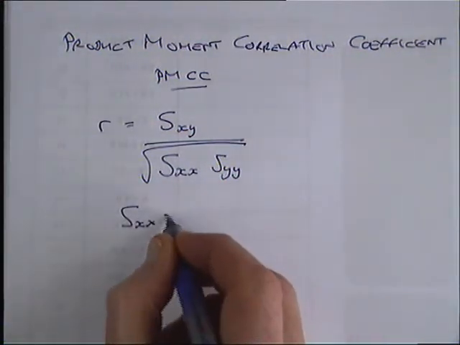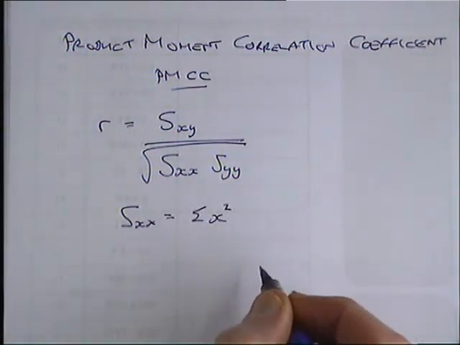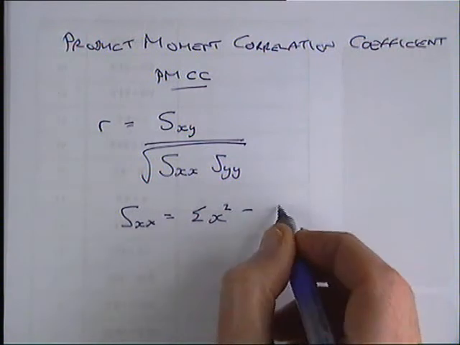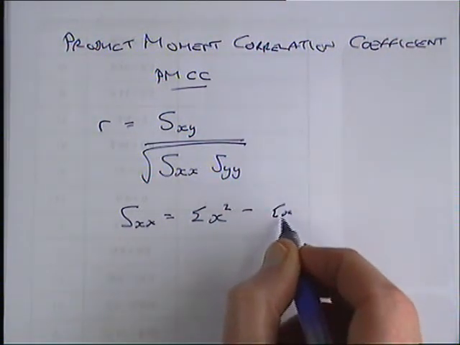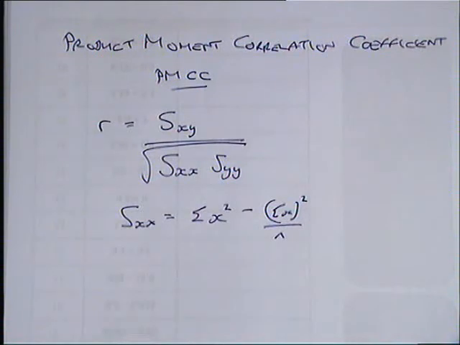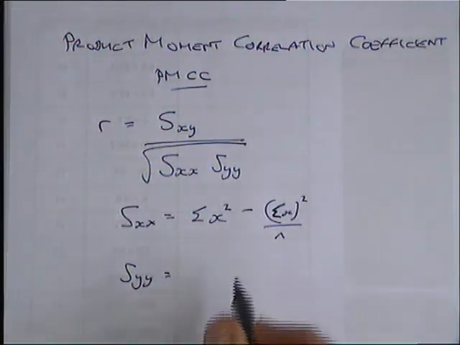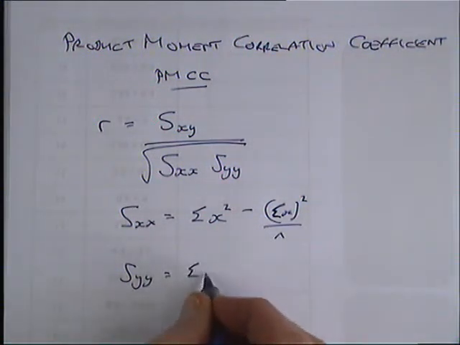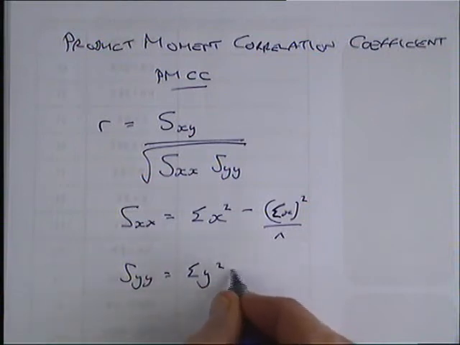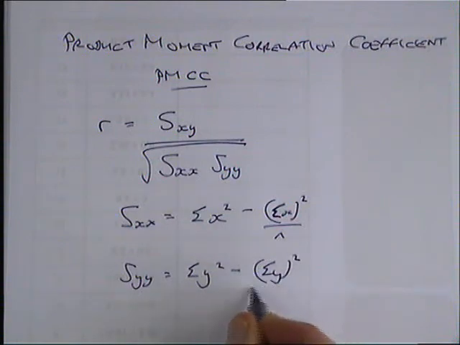Sxx is equal to the sum of the x values squared, take away the sum of the x values all squared over n, n being how many there are. Syy is exactly the same, but every x is a y. It's sigma y squared, take away sigma y, all squared over n.